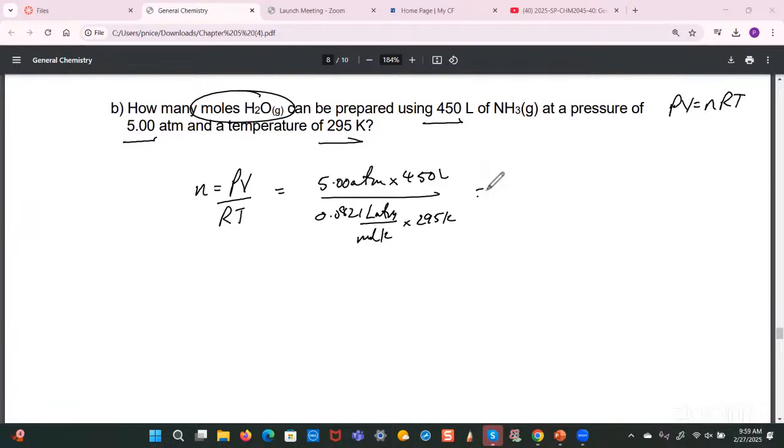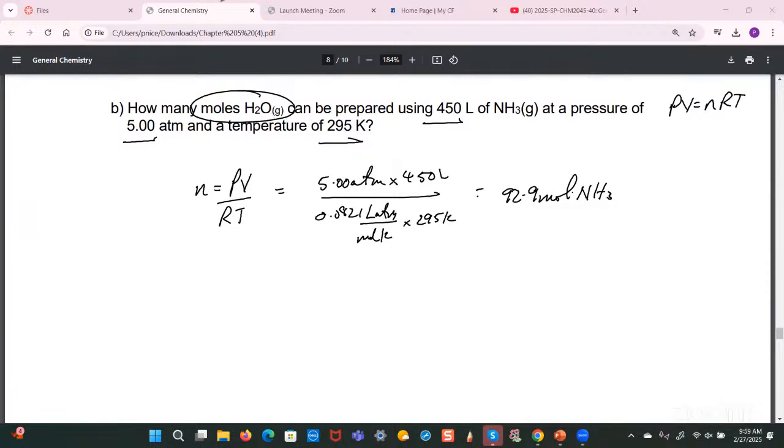5 times 450 equals that, divided by 0.0821, divided by 295. And according to my calculations, I got 92.9 moles. All right. So remember now, this is the moles of NH3. Now, what the question is asking for is the moles of H2O.